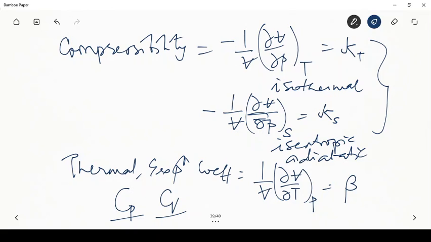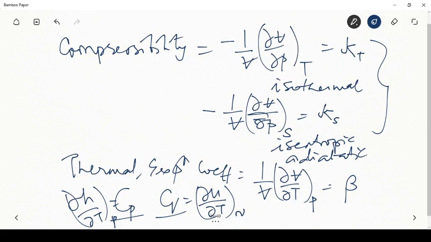So Cp is defined as del H by del T at constant P, and Cv is defined as del U by del T at constant V. So these are quantities which are additionally defined, and they are also in terms of properties that are measurable and their derivatives. So these are also used in calculating one quantity from another in the thermodynamic property tables.